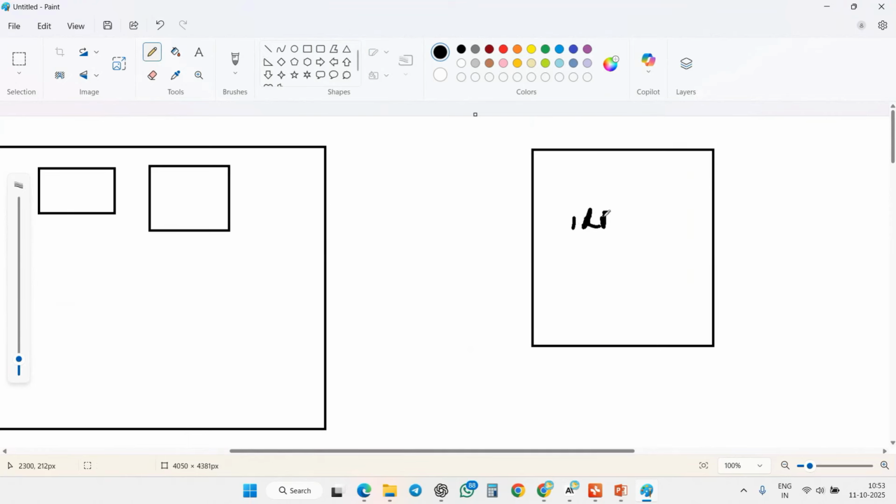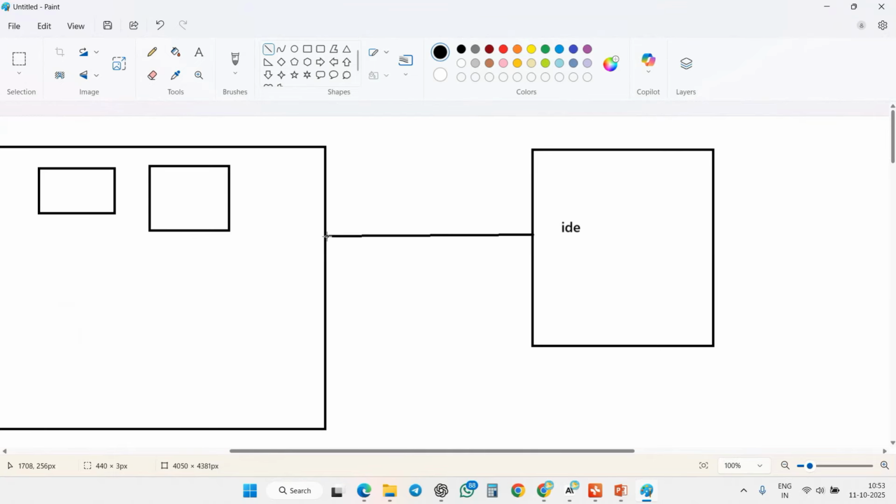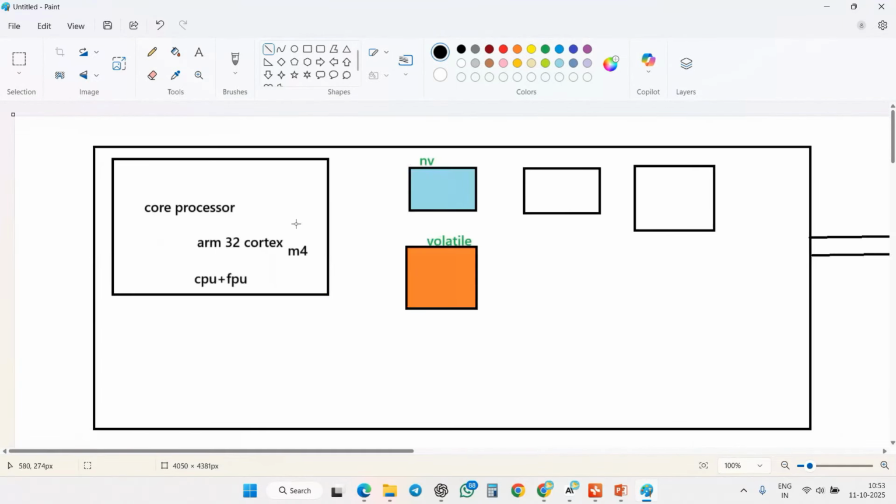This is my IDE, and you use the IDE to compile. After compiling this code, you try to upload it to your microcontroller. So this is your IDE and this is your microcontroller.